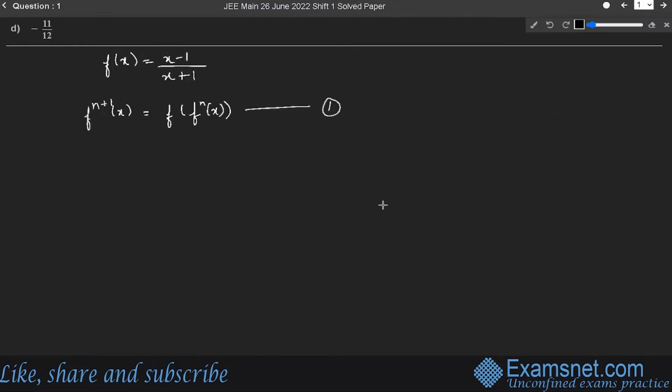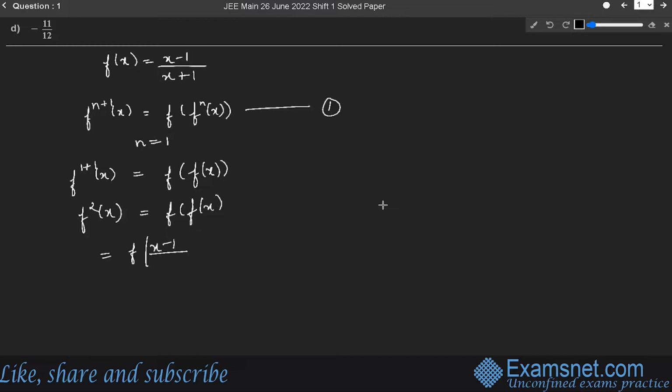Now for this first equation, for n is equal to 1, it will be f of x power 1 plus 1 is equal to f of x. So again this will be f of x power 2 is equal to f of x. So this will be f of (x minus 1 divided by x plus 1).